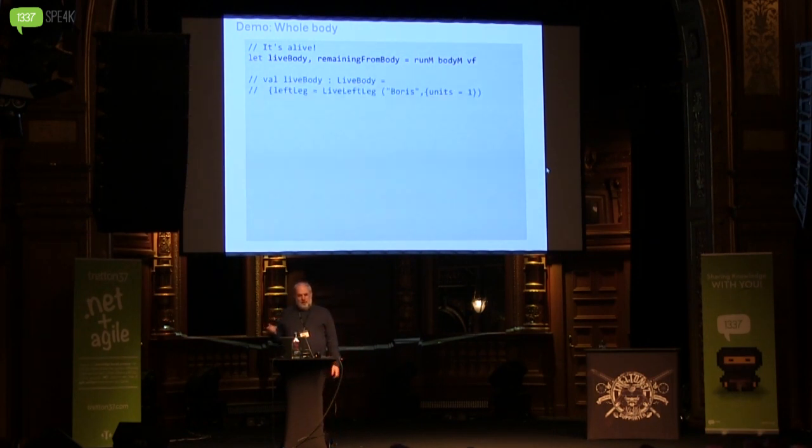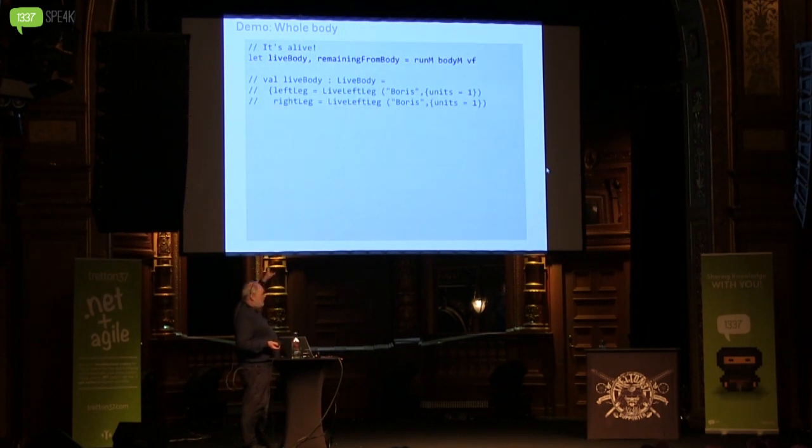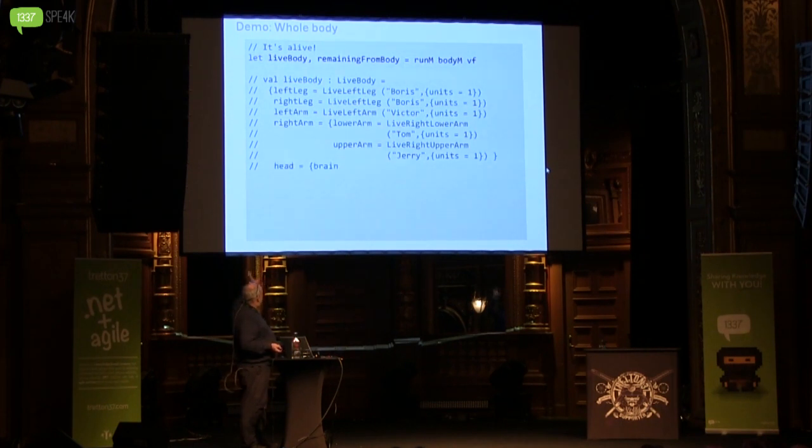So this is the output. So again, don't worry too much about the output. If we actually run it, we can see inside we actually create a live body. And the live body has a live leg in it, and another live leg in it, and a left arm, and it has a right arm which consists of two pieces, which is the lower arm and the upper arm, and then we have the head, and all these things are now live. So when we actually apply the lightning, when we apply the vital force, we've now created this live thing.